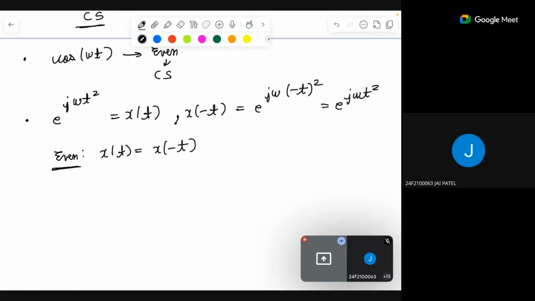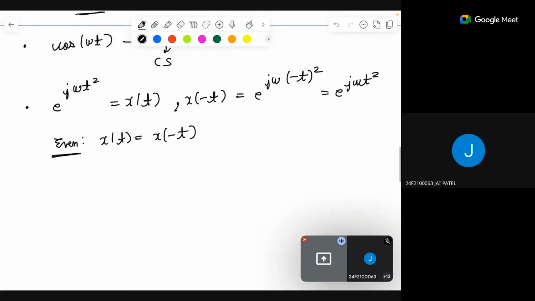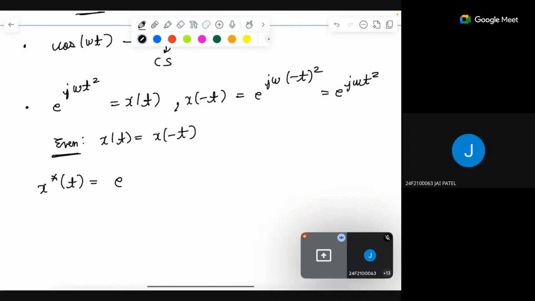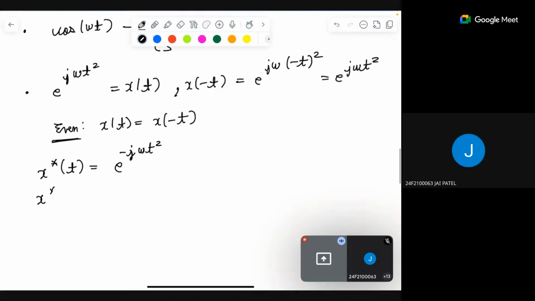Now let us find out about conjugate symmetry and asymmetry. It is a complex signal. I have my x of t, and I take the conjugate, x star of t. So e raised to the power of, conjugation means j turns negative, minus j omega t square. Now I will do time reversal.